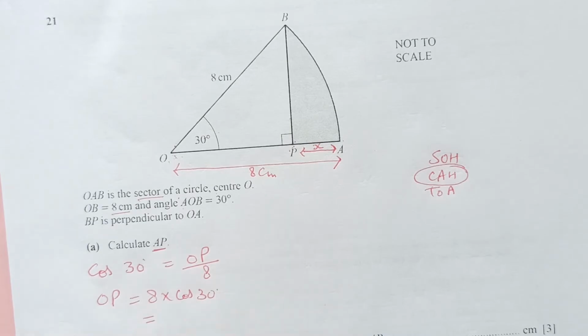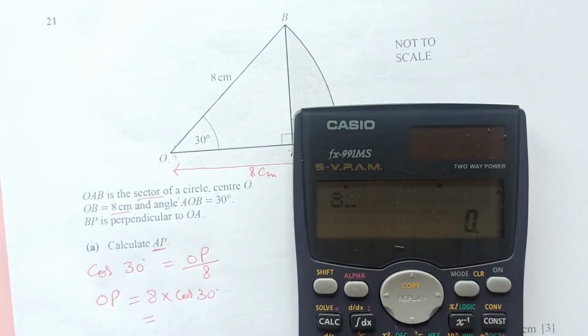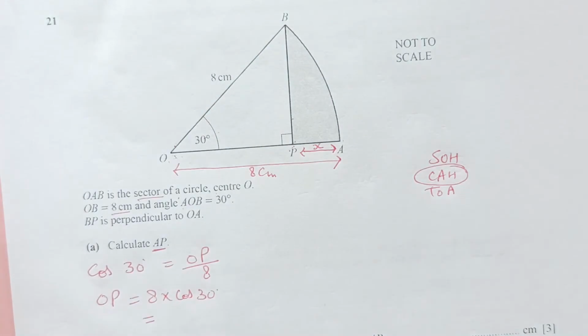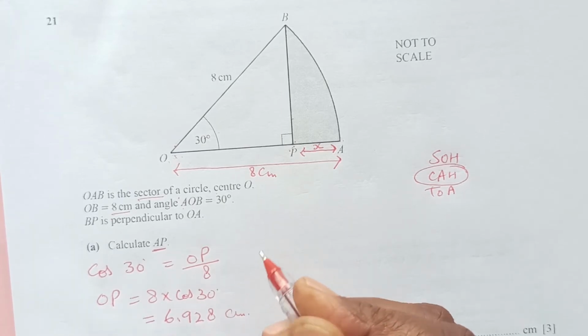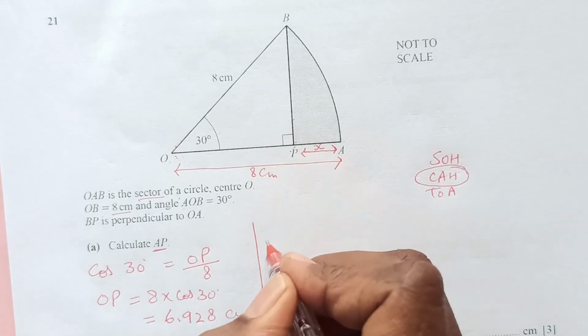Let's see how much that is. 8 times cos 30 is 6.928 centimeters, right? And we are looking for AP.